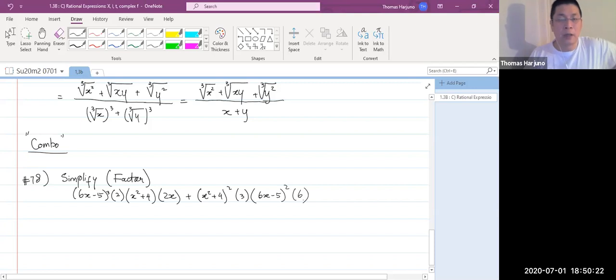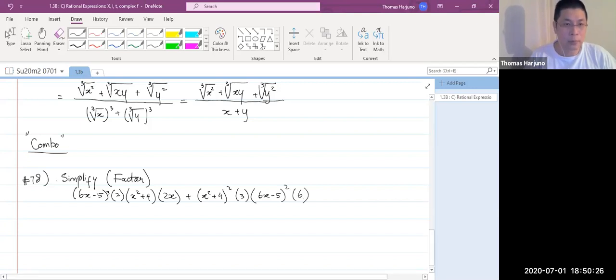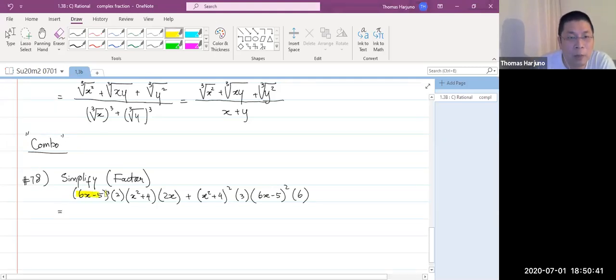To simplify this, we will factor. I hope you follow me in writing, because this will be quite tedious. The good thing is they already factored them partially for us. So we can easily see that we have the common base 6x minus 5.